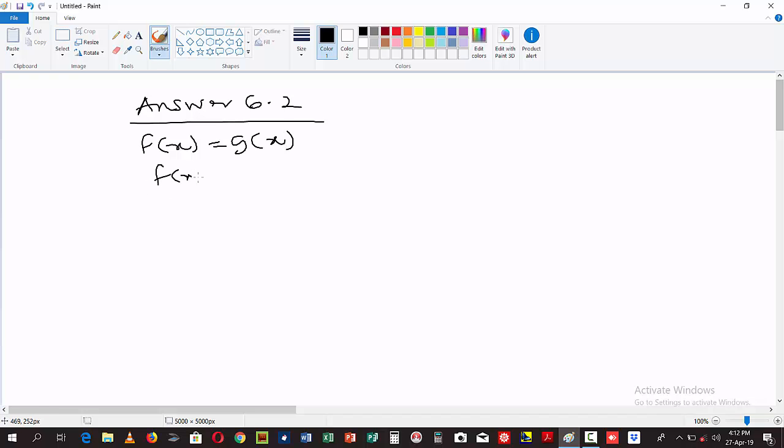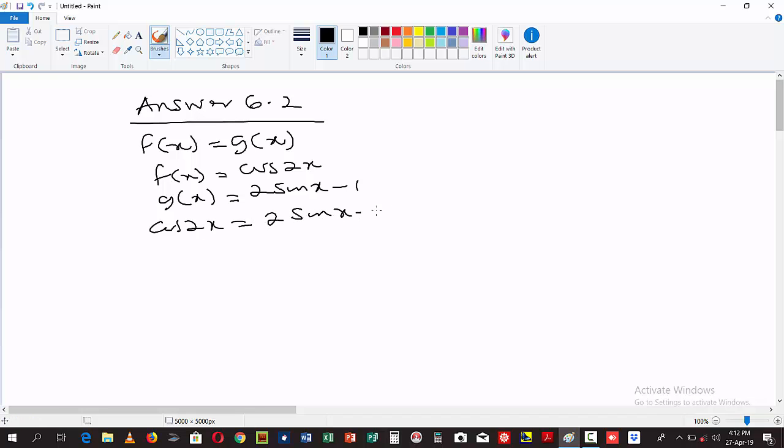F of x is given, which is cos 2x, and g of x is given, which is 2 sine x minus 1. Therefore, f of x is equal to g of x. So cos 2x equals 2 sine x minus 1.